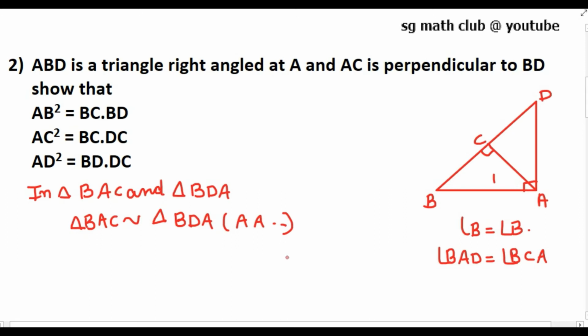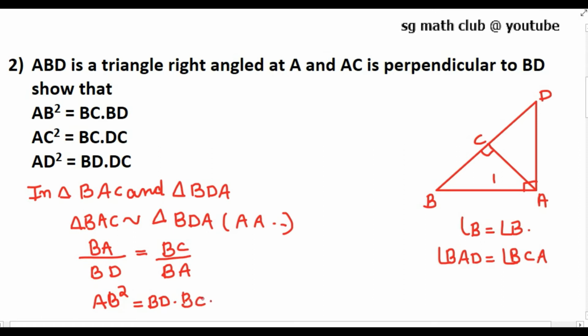So by AA similarity criteria, these two triangles are similar. So I can write the ratios. BA divided by BD equal to BC divided by BA. So I can write AB the whole square is equal to BD into BC.